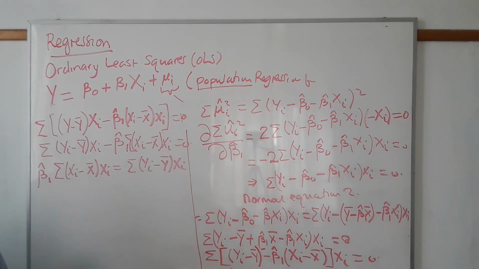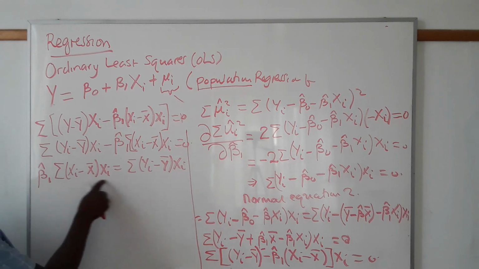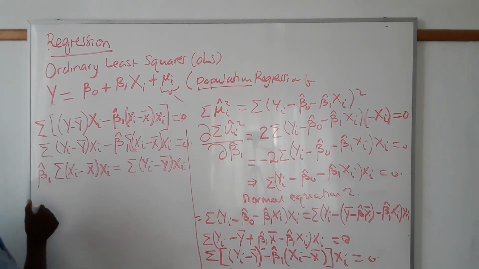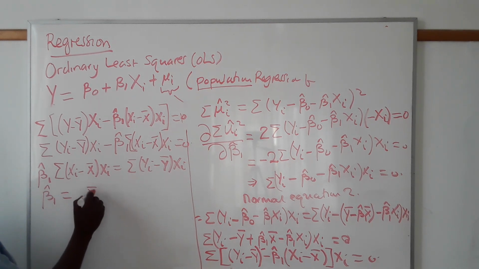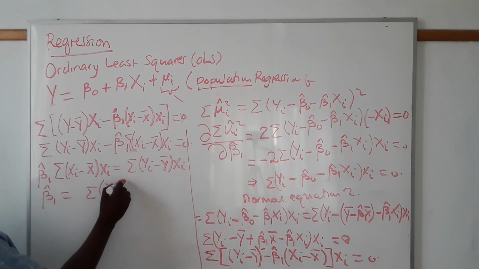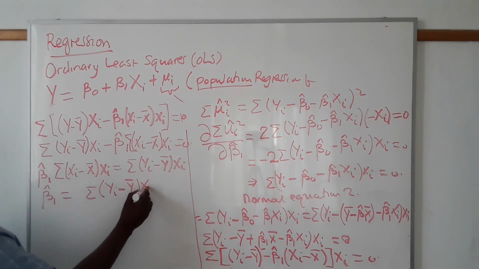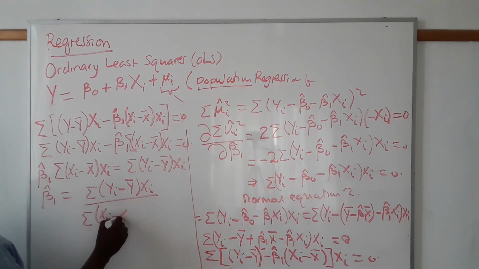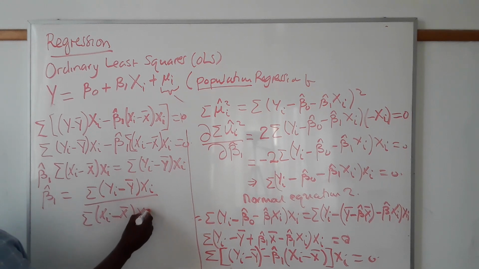Right? So for me to get beta hat 1, I have to divide both sides by this expression. So my beta hat 1 is equal to the sum of yi minus y bar by xi over the sum of xi minus x bar by xi.